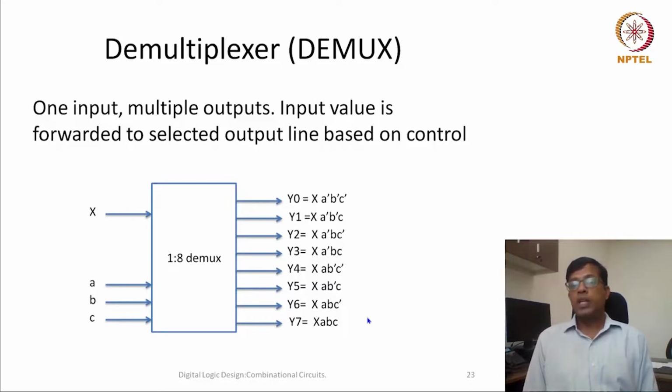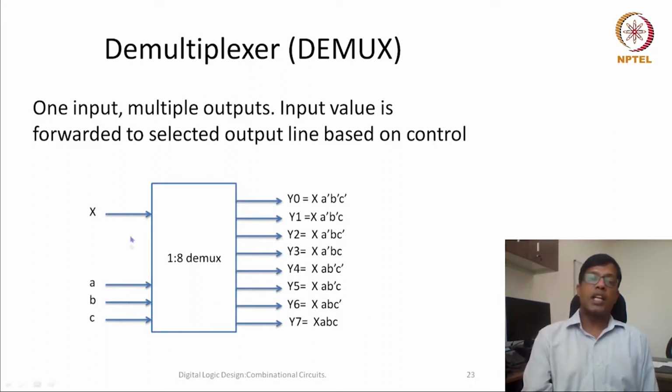And how many inputs to each AND gate? It depends on the number of control lines and the input. So the number of inputs to each of these AND gates would be the number of control lines plus 1. This is the cost of my demultiplexer.